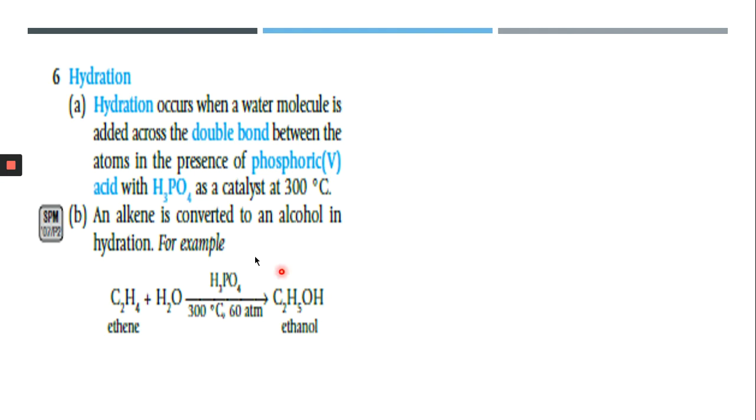So in this reaction, alkene is converted into alcohol. And later we will see that in alcohol, removing water gives ethene, which is called dehydration. We will look at that in alcohol.